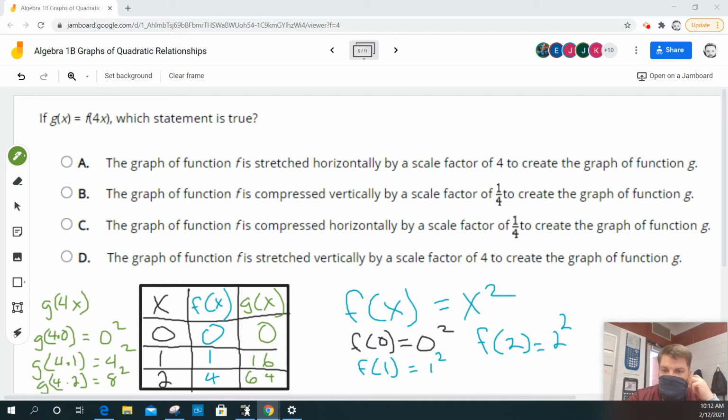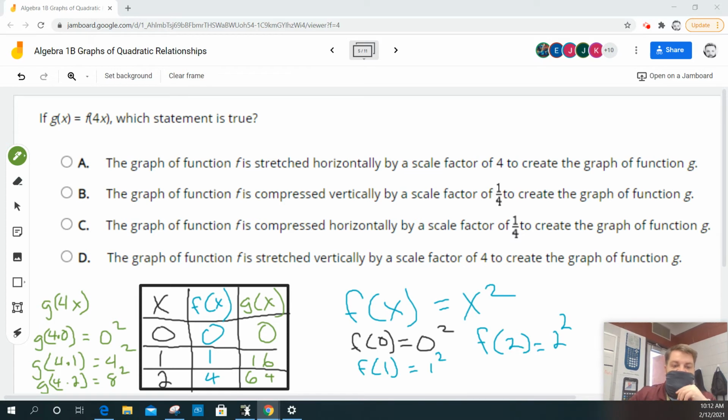In other words, I believe it's C. We're going to compress horizontally by a factor of 1/4, right? And what that means is, because the y values grow faster, it's going to compress like this.